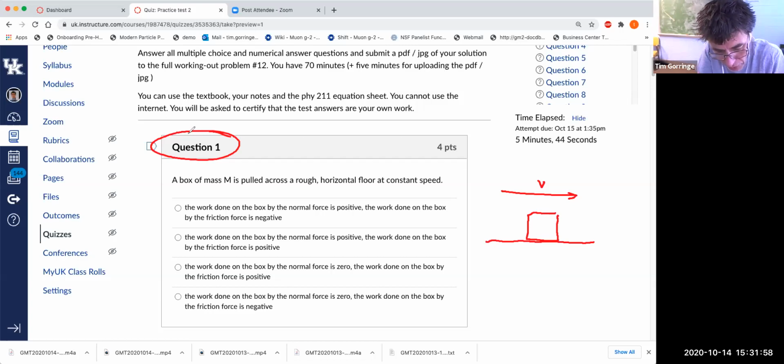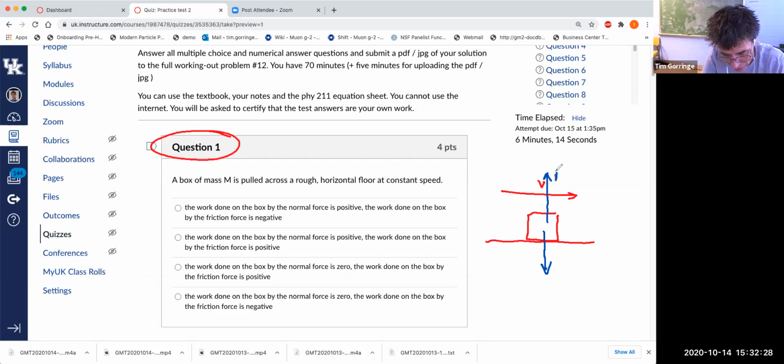The way I would normally start this is with a sketch. And I would add to the sketch the various forces that are acting on the box as it's slid across the floor. So one force is the force of gravity. We're very familiar with that. A second force is the normal force that counteracts gravity.